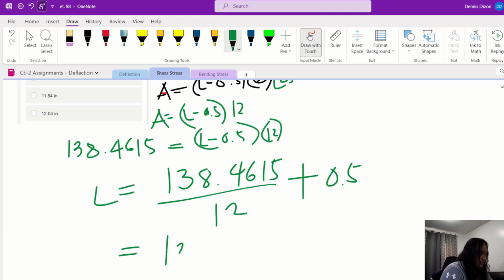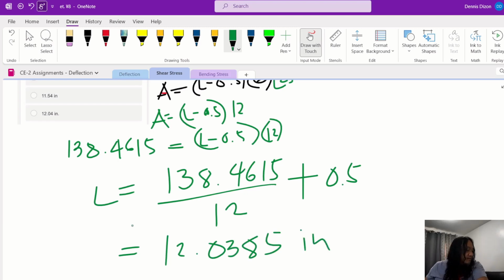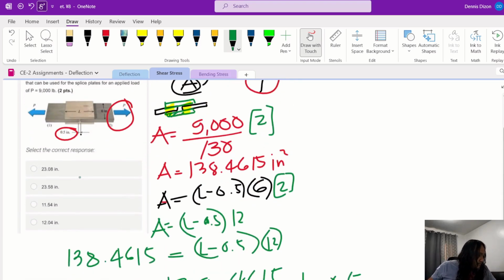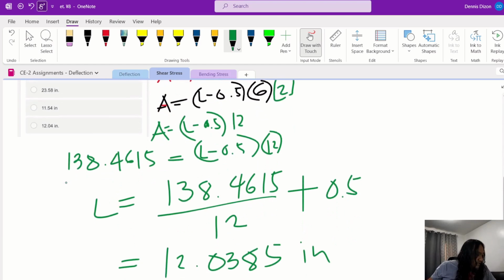The answer is 12.0385 inch. So going back to the choices, the answer is 12.04.